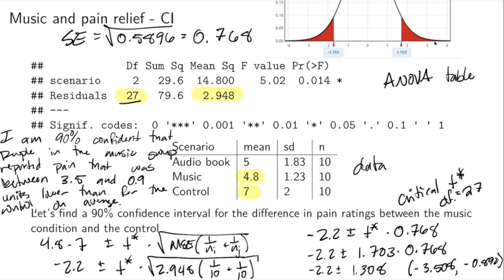So we're pretty sure that the music group has lower pain than the control group. It might just be like a point lower, or it might be 3.5 points lower, but that confidence interval does not contain 0. So we're pretty sure that there's a reduction in pain.